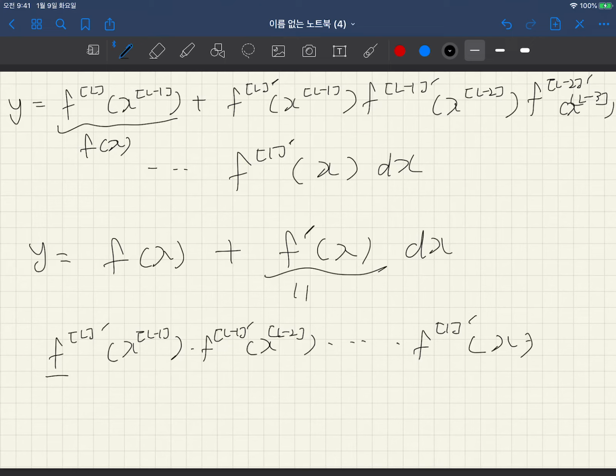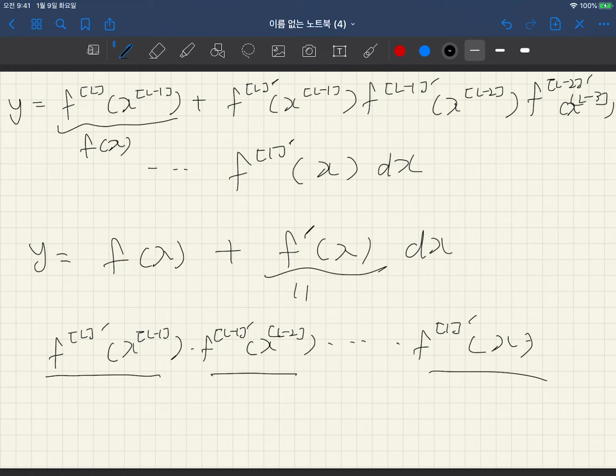So this is the derivative of f at point x, which is the multiplication of f_L prime, f_{L-1} prime, f_{L-2} prime, up to f1 prime.